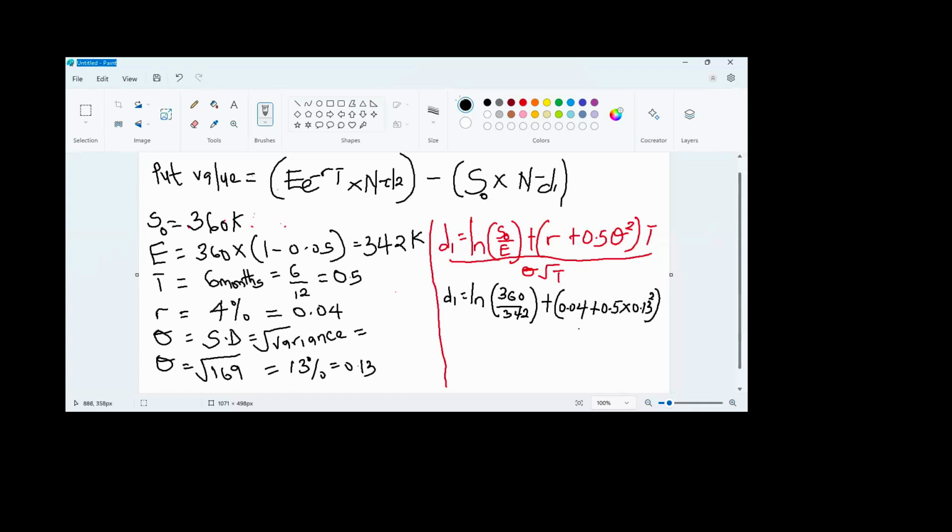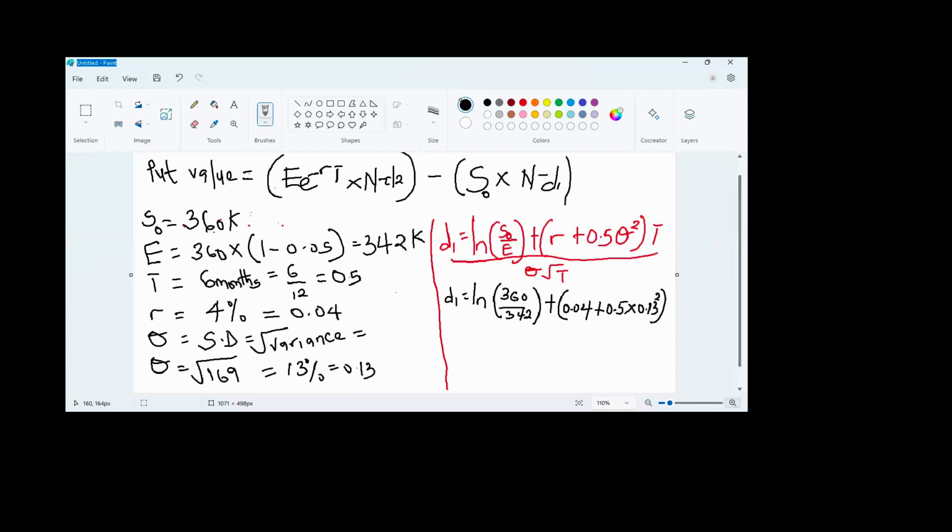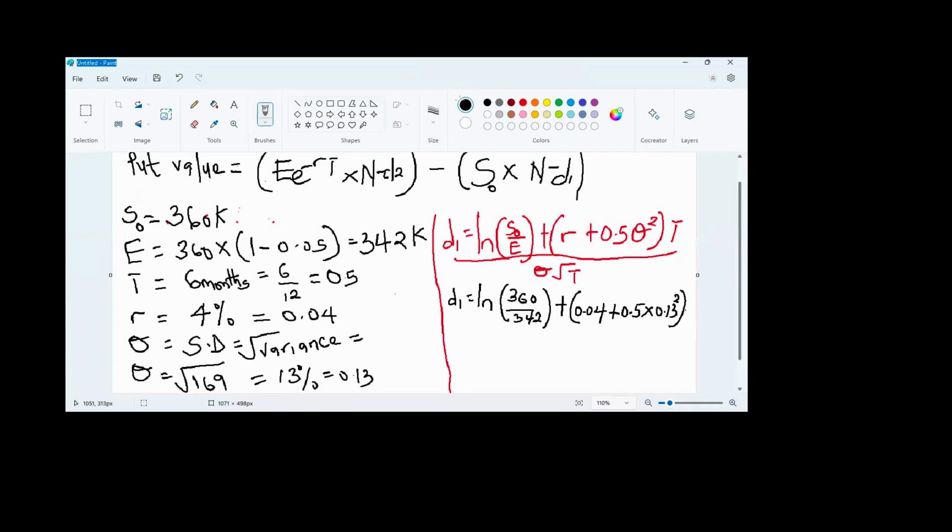Close this bracket. Multiply by T, 0.5, all over volatility 0.13 multiplied by square root of 0.5. Let us go to our calculator.